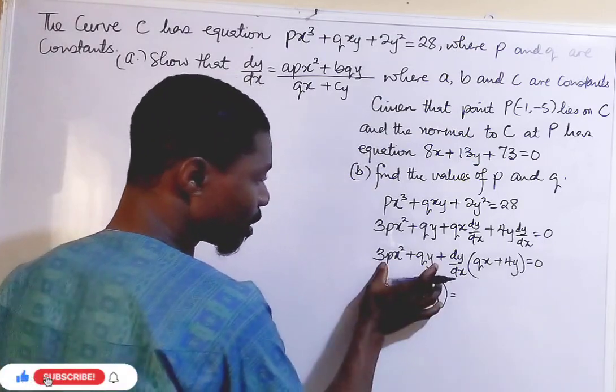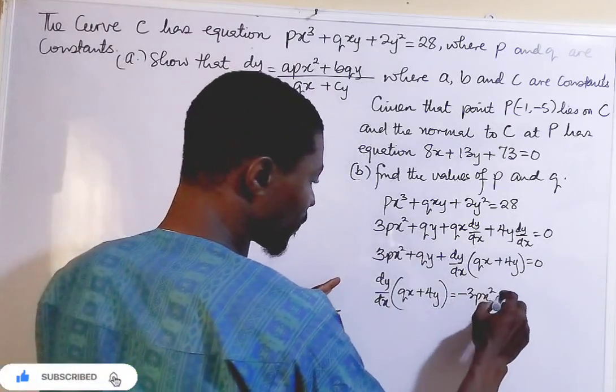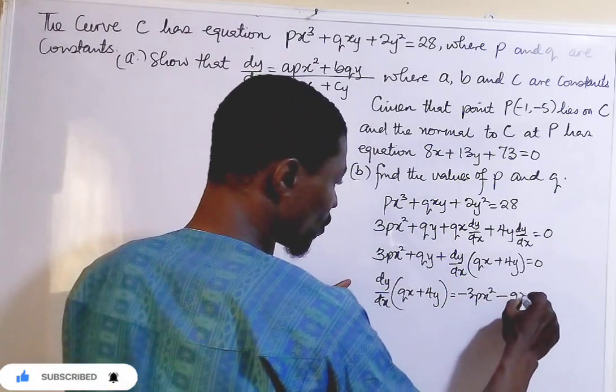Now taking 3px squared plus qy to the right hand side, we have dy/dx into (qx plus 4y) equals negative 3px squared negative qy.